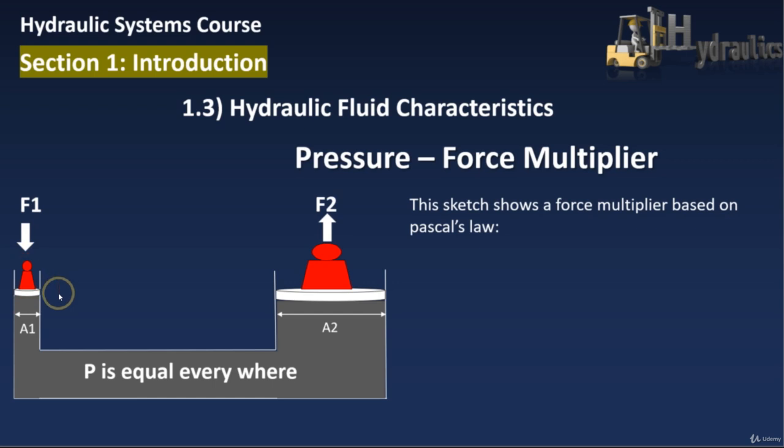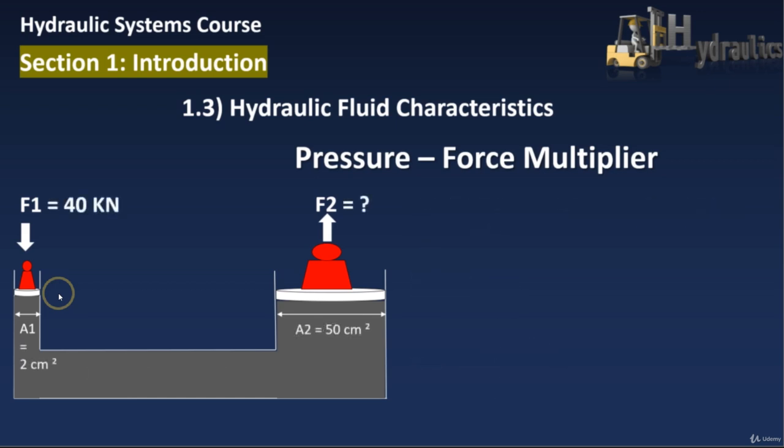According to Pascal's law, the pressure everywhere in the vessel is equal, because it is an incompressible fluid in an enclosed vessel. So, P equals F1 over A1, which is also equal to F2 over A2. Therefore, F2 will be equal to F1 multiplied by A2 over A1. The force on the larger section area is multiplied by the ratio to the smaller area where F1 is applied.